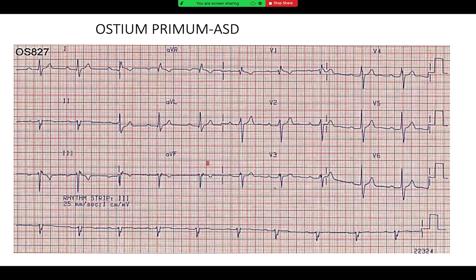If you'll try to look over here, lead 1 is positive and lead 2 is negative. So it is left axis deviation, okay? And especially when we look at the P waves as well, in the inferior leads 2, 3, AVF, they will be inverted in the primum and upright in the AVL.